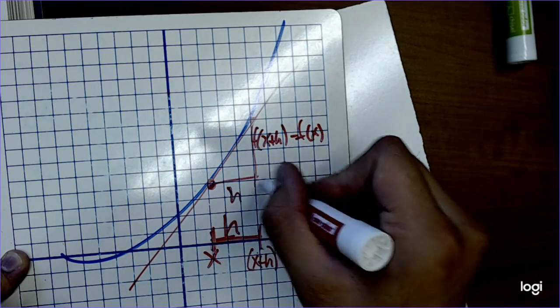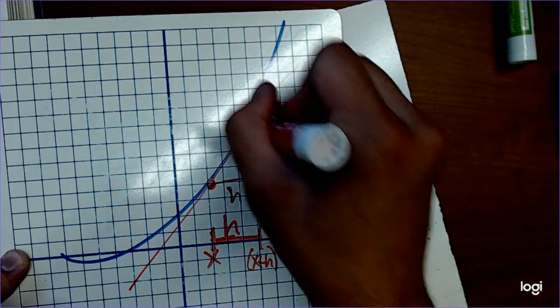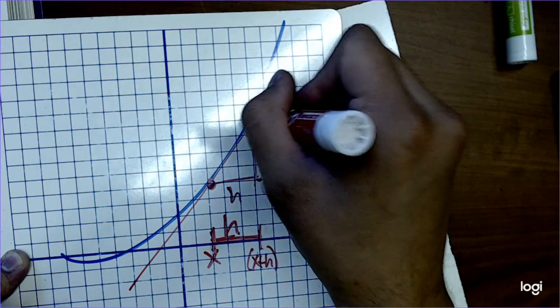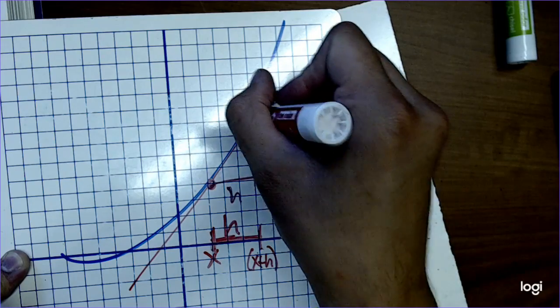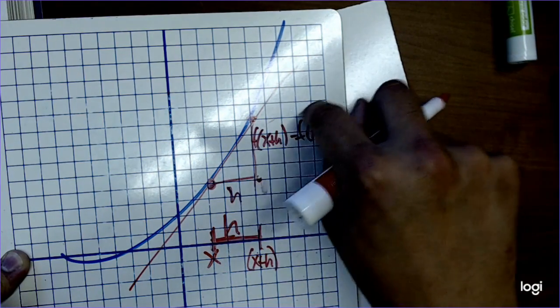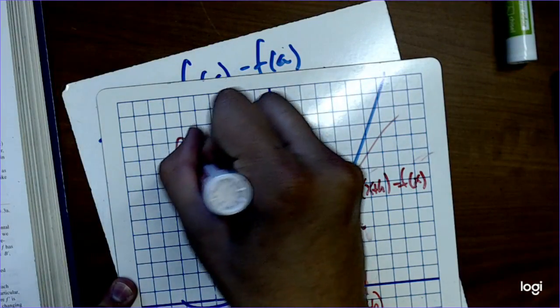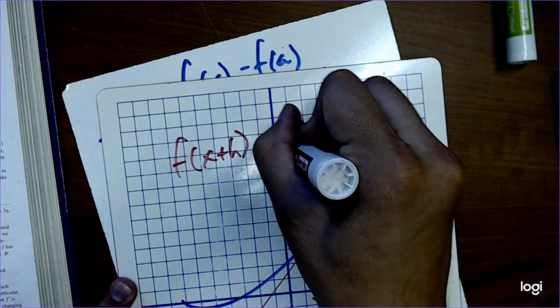The y value f of x is the number at this point, and f of x plus h is the number value at that point. So y2 minus y1, and then we write that as a fraction over h. That's how we got f of x plus h minus f of x.